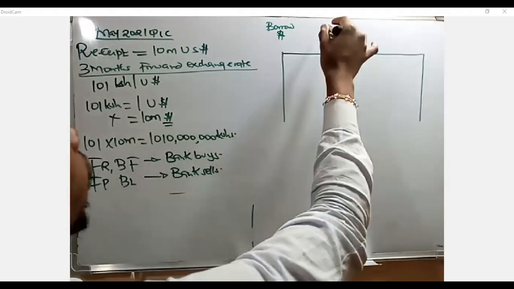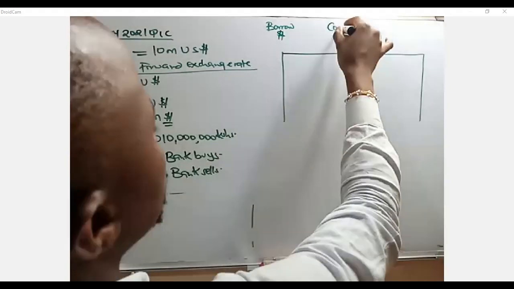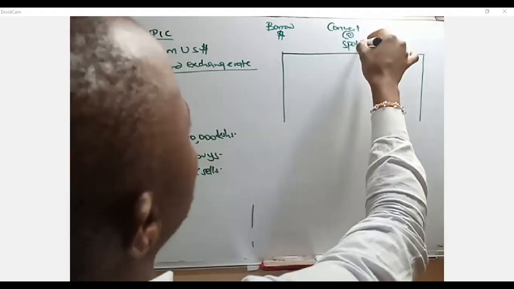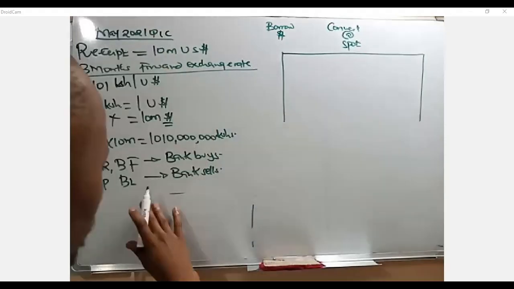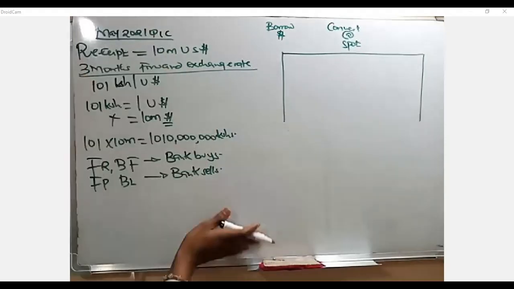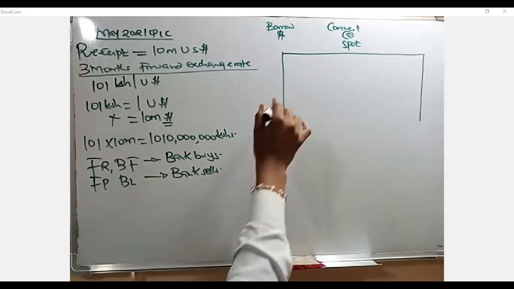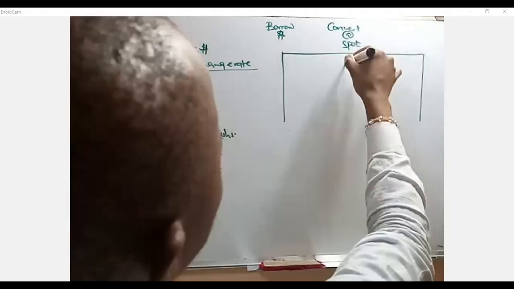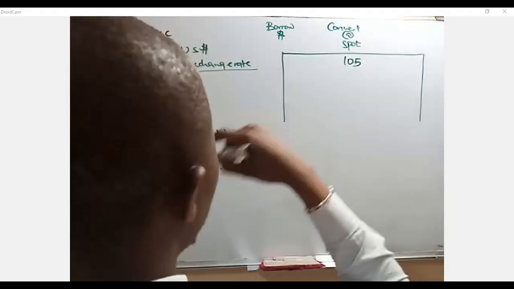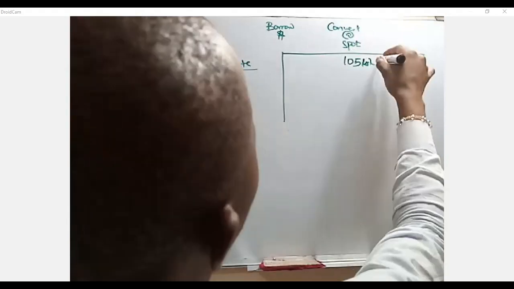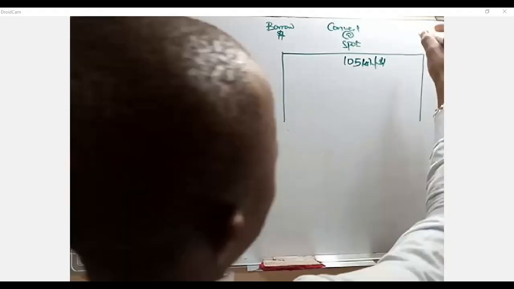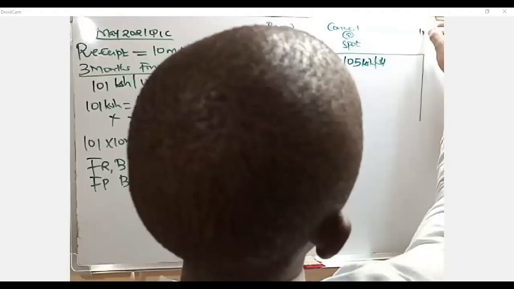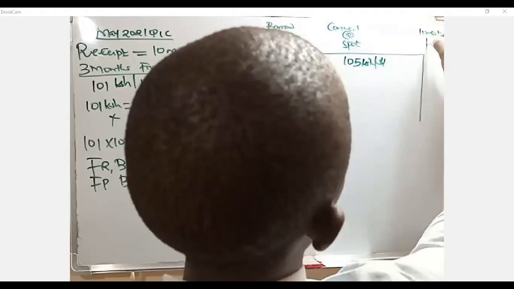We convert at spot now, meaning we convert today. That is the difference between the forward and the future contracts. So we convert now. The rate is 105 at the beginning of the period, Kenya shillings per US dollar. That is completed. This is very simple. Then you are going to be investing in the local currency. Our currency is Kenya shillings.